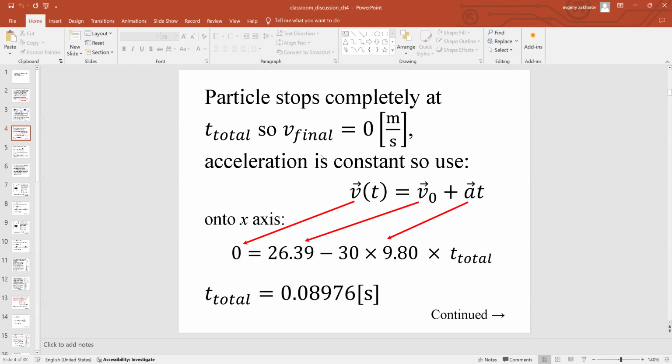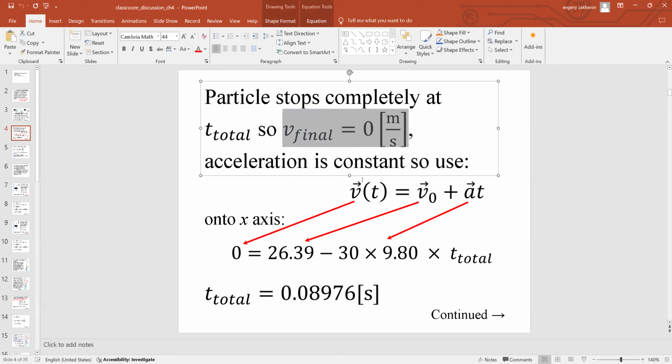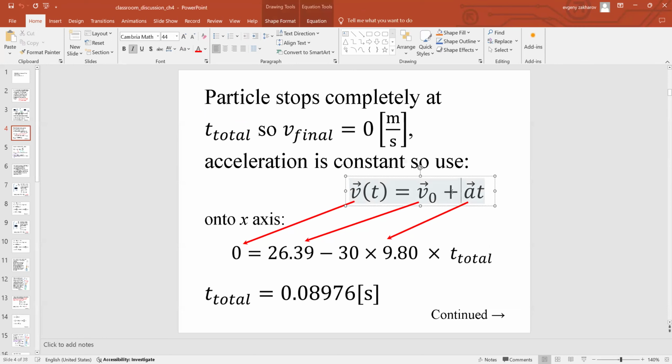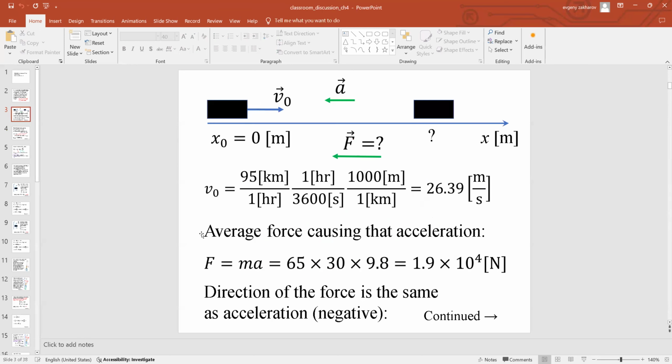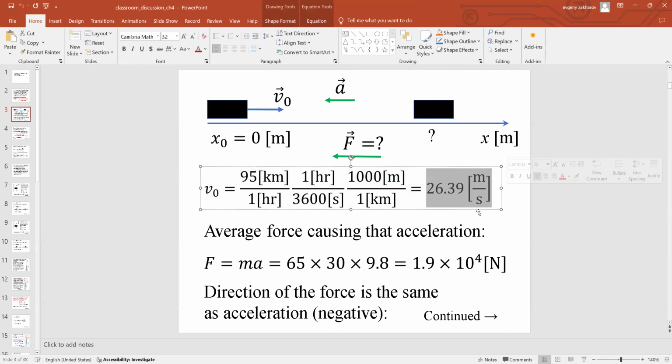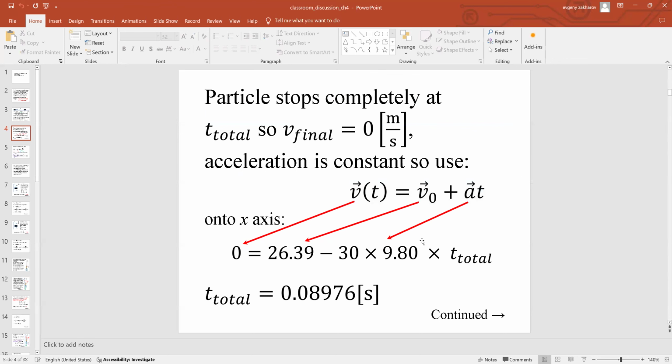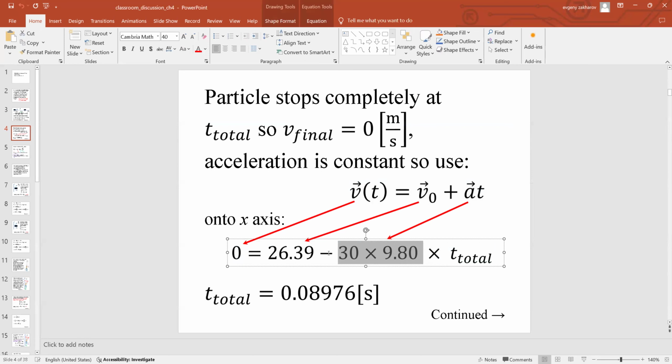So we stop completely. That means final velocity is 0. And acceleration is constant, so we can totally use our kinematics equation for velocity with respect to the x-axis. We stop, so my final velocity is 0. Initial velocity is 26.39. That's what we figured out from the conversion from 95 kilometers per hour. And acceleration is 30 Gs, and it's negative.